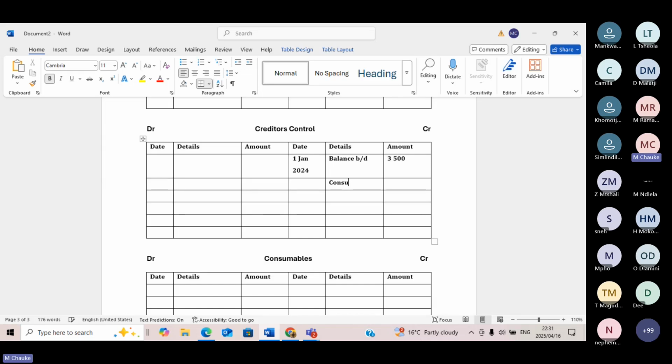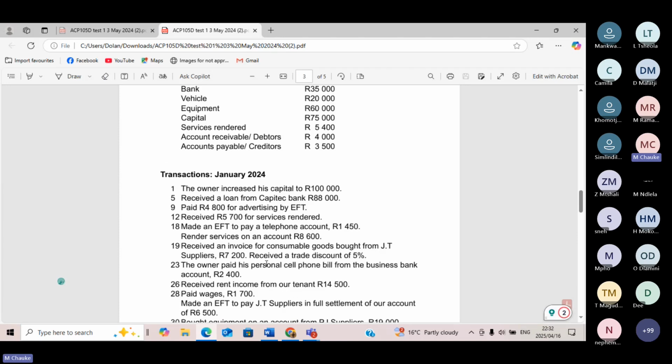And then for these consumables, we're going to indicate calculations, right? So we bought these consumables with a 100% amount of 7,200, and we have to minus 5% of this. So this is the 100% amount, but we have to record 95% of this amount because 5% was given as a trade discount, right?